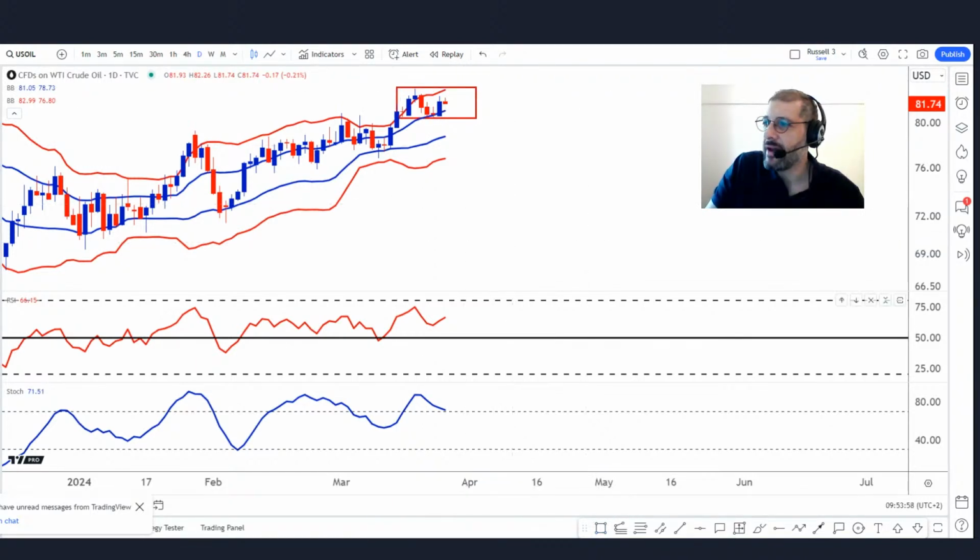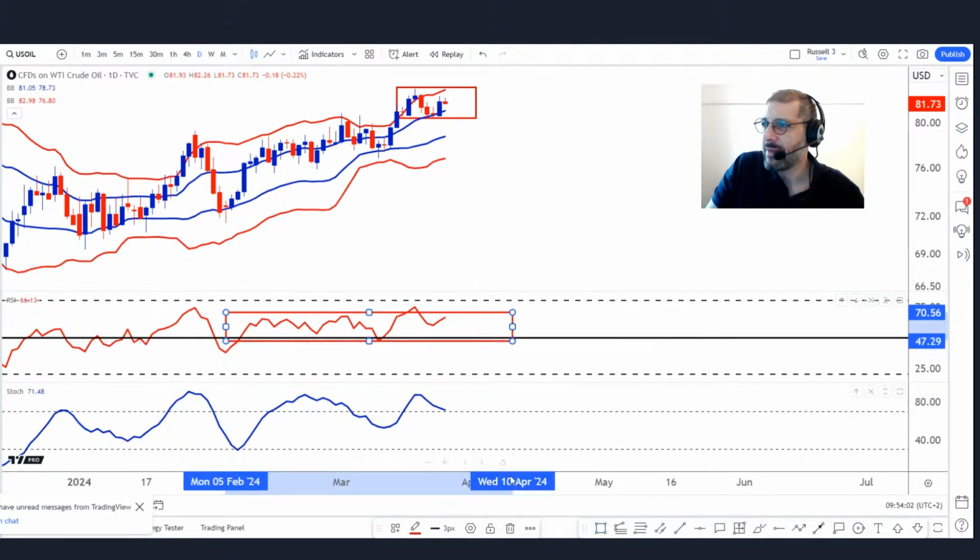That's the bullish area. We have got a strong looking RSI that is above 50, and the stochastic is in the upper range. So there does seem to be some sort of support for WTI. Let's just go down to the hourly chart, see what the hourly chart is telling us.